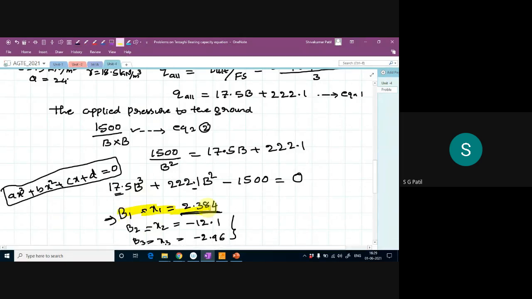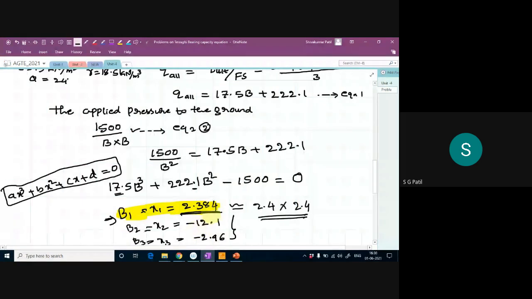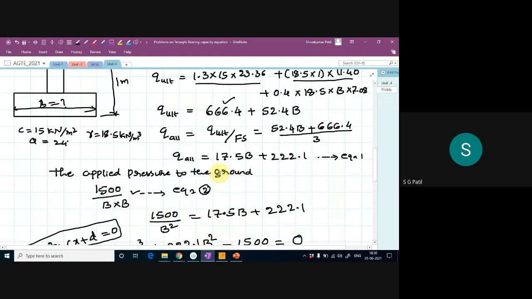This is your answer. What should be your size of foundation? 2.4 by 2.4, it is almost like that. Understood? Any doubts here in this problem?